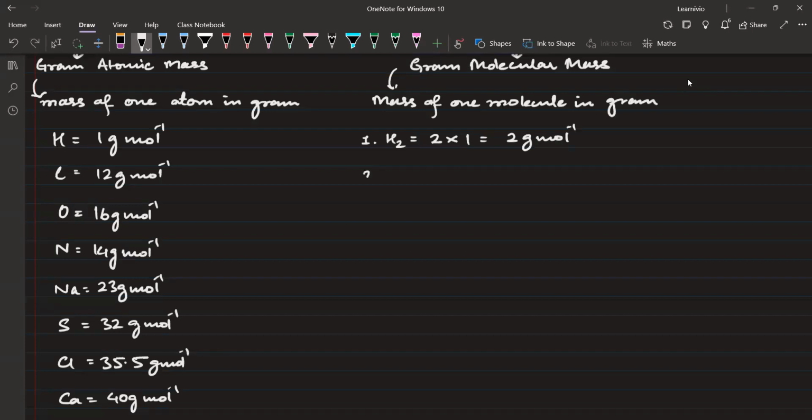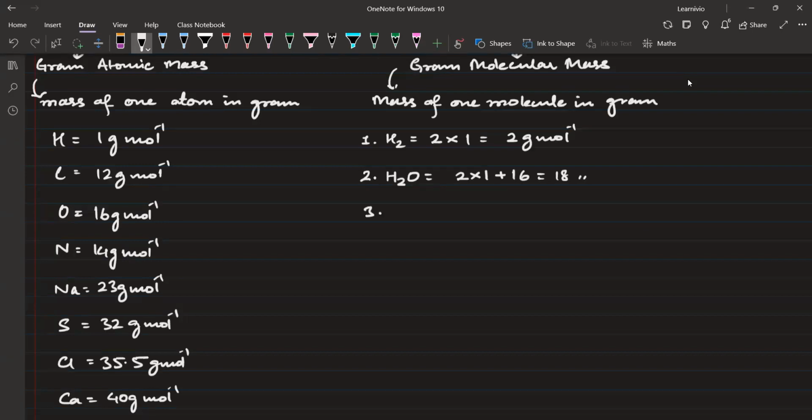Similarly, if I have, let us suppose, H2O, you have two hydrogen atoms, so it will be 2 into 1, plus oxygen. The mass of oxygen you can take from here, that is 16. This will be equal to 16 plus 2, 18 grams per mole. Okay, we'll write the units.